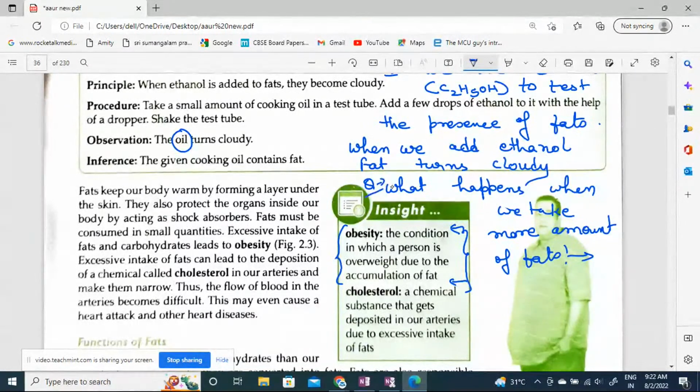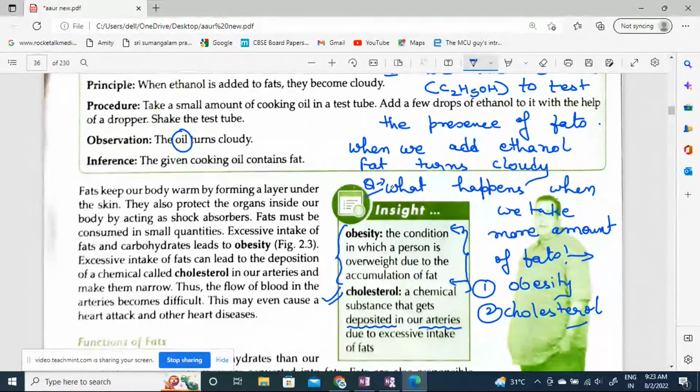First disease is obesity, and second one is cholesterol. And what is cholesterol? Actually, there's a deposition of fats in our arteries near the heart. So that condition is termed cholesterol.